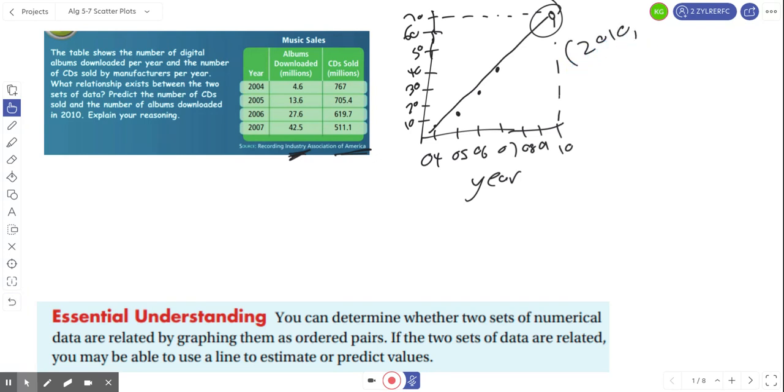Our graph would probably include something like the point 2010 for the year and 70 million for the number of albums. When you look at a pattern and you extend it to make a guess about what might be up there, that's called extrapolation.